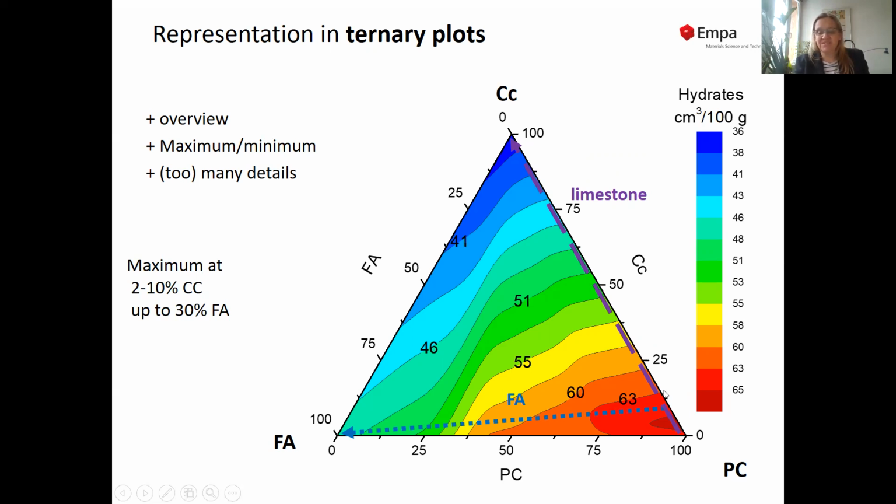For instance, we can see we have a volume maximum, or the same volume as a pure Portland cement, in this region, so basically between 2 to 10% of limestone and up to 30% of fly ash. So we can expect that in this composition region, we don't have a strong strength decrease at later ages.